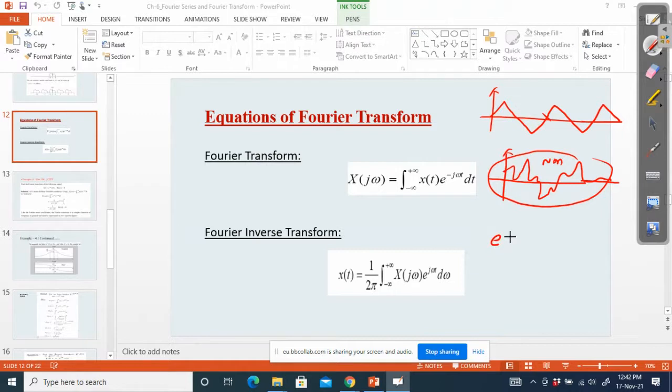I think you have heard about this formula: e to the power jt equals cos t plus j sin t. This is Euler's formula. So you can see here an exponential signal is a combination of cos and sine.